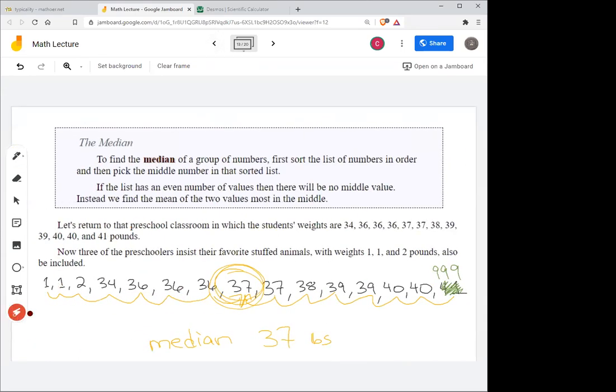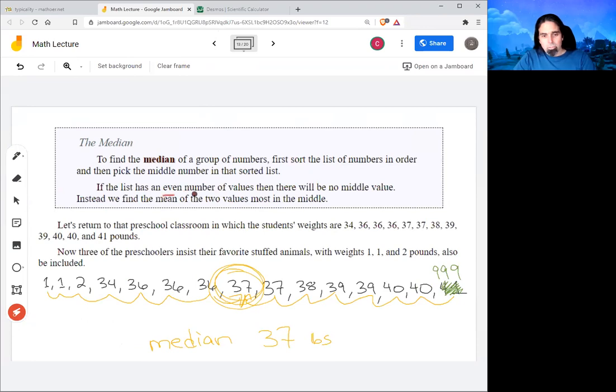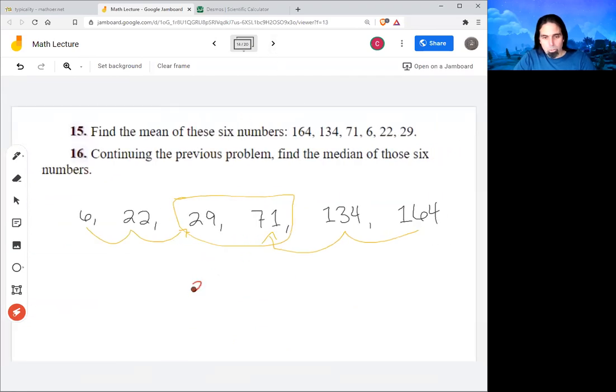We don't have to invent it. It tells us. If there's an even number of values in the list, there won't be a single middle one. So we find the mean of the ones that are most in the middle. So we'll take these 2, add them up, divide by 2, always 2, because there's always going to be 2 that are middlemost.